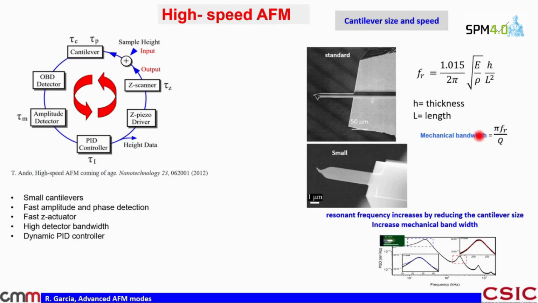And this mechanical bandwidth is proportional to the resonance frequency. So the higher the resonance frequency, the higher your mechanical bandwidth is, so the system can respond to higher frequencies. When you have a lower resonance, the mechanical bandwidth decreases, and then you are slower.